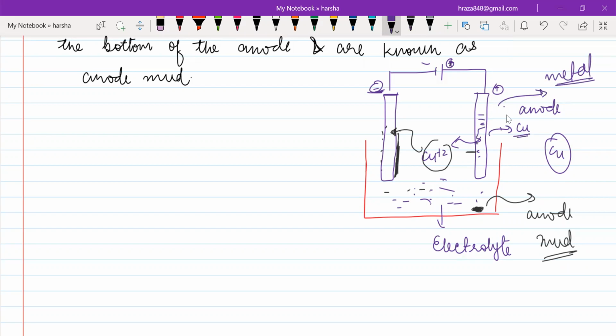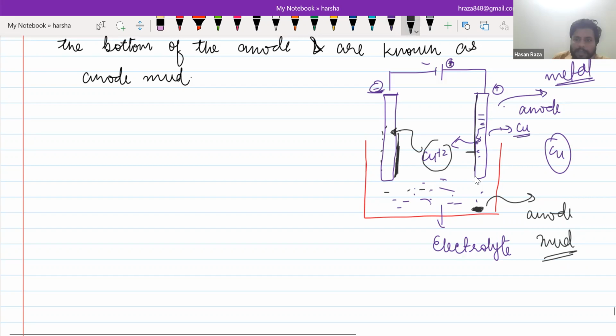Yes, sir. Now see, when you dip this into this solution and start passing electric current, what will happen? This copper will be oxidized. That means it will dissociate and fall down into this solution. This is initially copper, and when the electricity goes on, it will be converted into Cu+2.